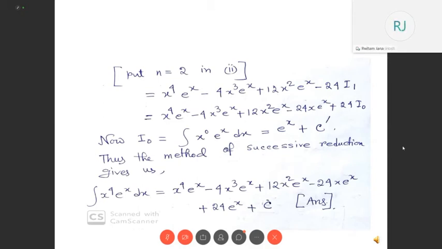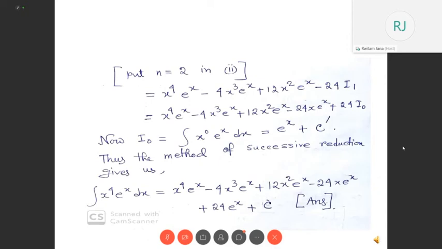Okay. So if you have any doubt, yes. Sir, what is the use of putting the value of n equals to 0 when it is not useful in this equation? Actually, you can see in the PPT or PDF file that in the last part we get 24 into I0, right? Yes, sir. So your reduction formula is not true for n equals to 0.